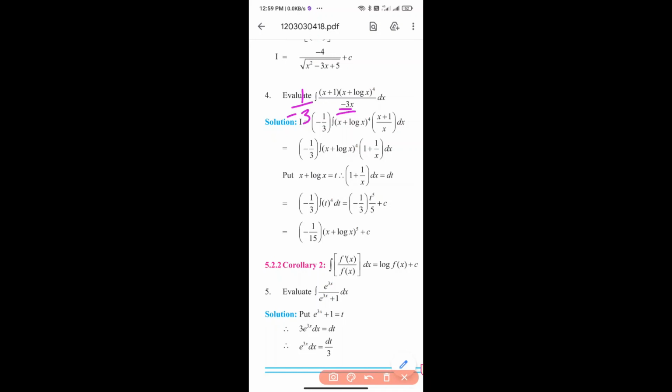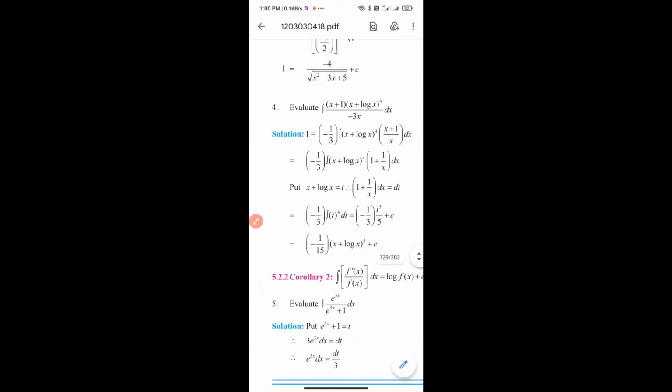Then what remains in there is x plus 1 divided by x. If you separate the bases, it will become x divided by x plus 1 by x. X gets cancelled to make it 1 plus 1 by x. So that is why they have written 1 plus 1 by x over here.